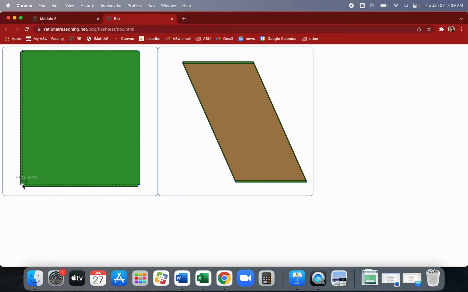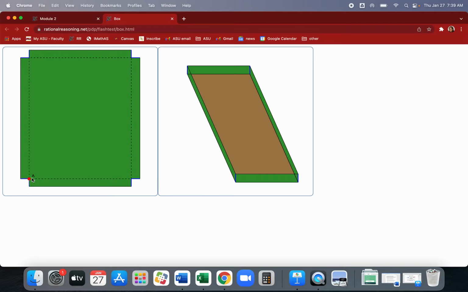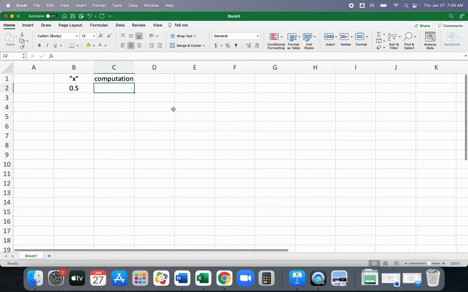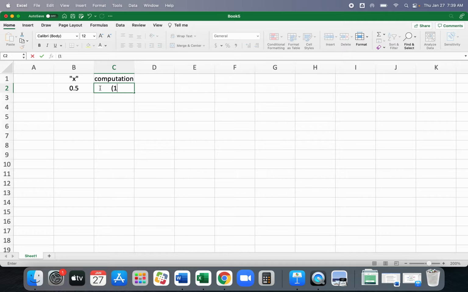And then if I take a half-inch corner out of all these, by the time I fold up this longest side, there's a 1/2 inch missing on one side and a 1/2 inch missing on the other. So instead of being 11 long, it's 11 minus a half on both ends, so 10 long. Or in terms of this computation, I could say it's 11 minus 0.5 twice, so 2 times 0.5.